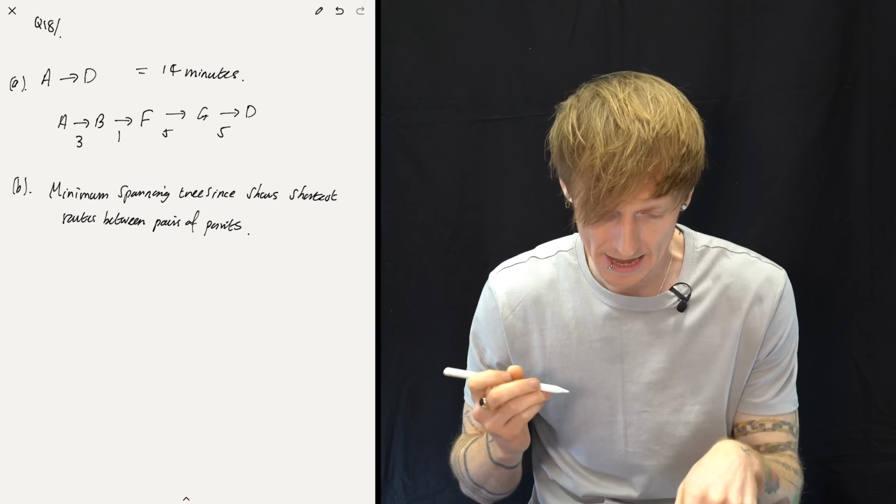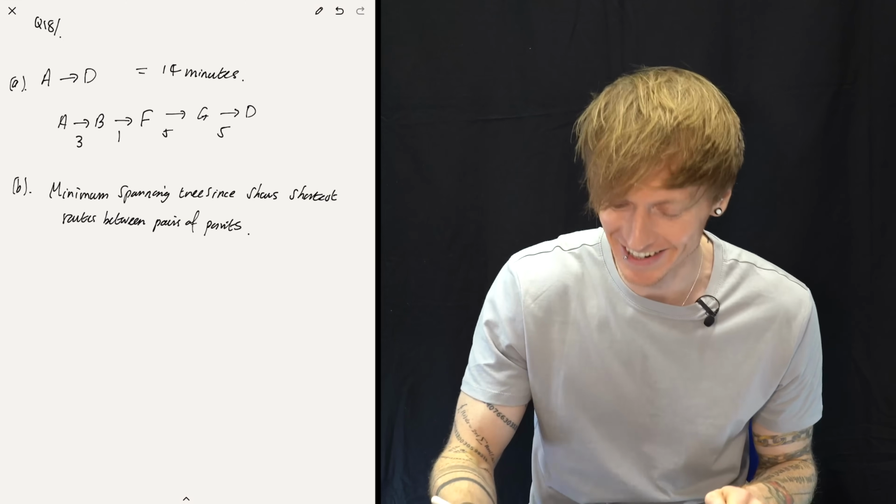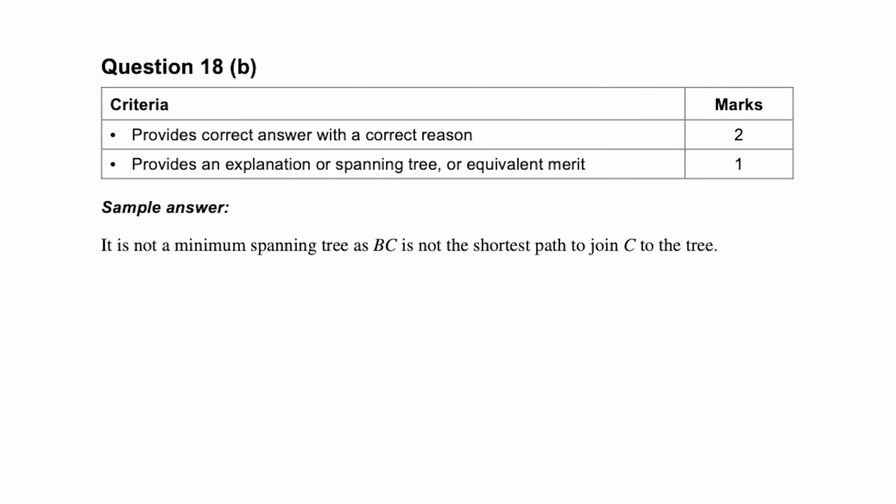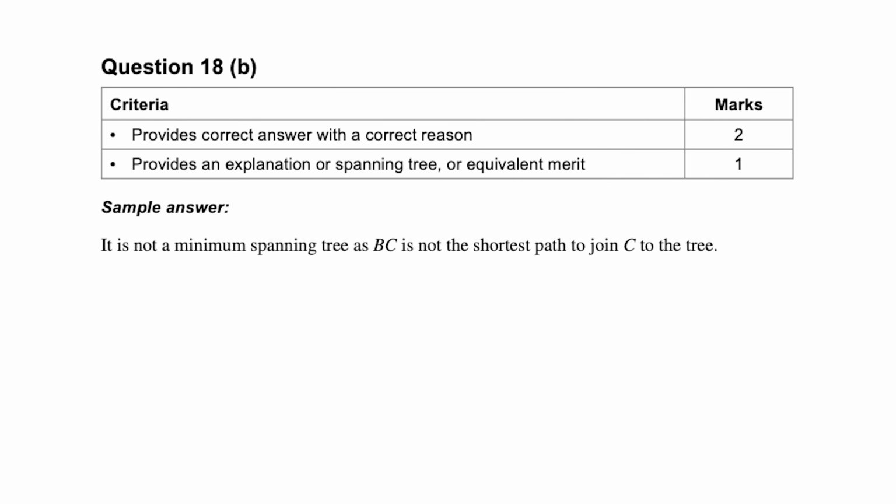ABFGD. ABFGD. You got it. That's shortest route. Great. It is not. Oh. I said it was a minimum spanning tree, but it says in the mark scheme that it is not a minimum spanning tree because BC is not the shortest path to join C to the tree.